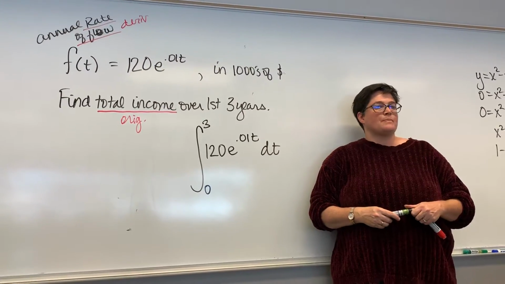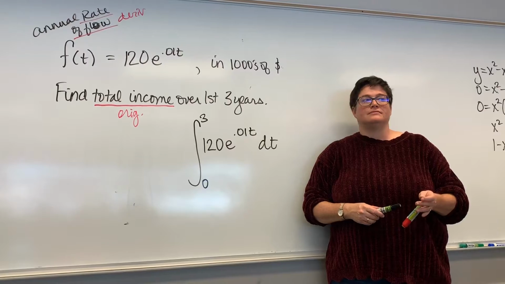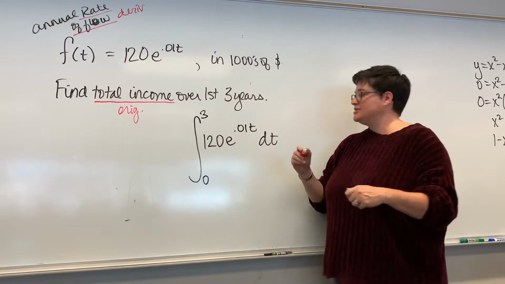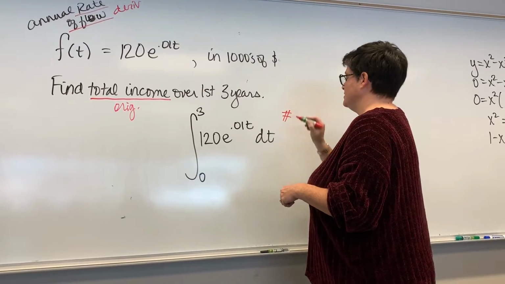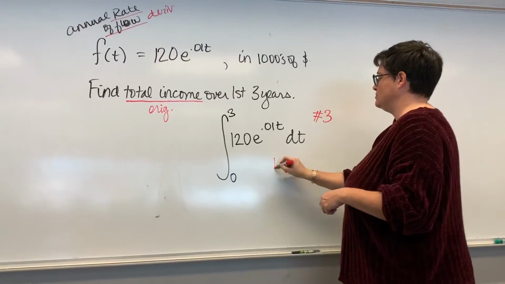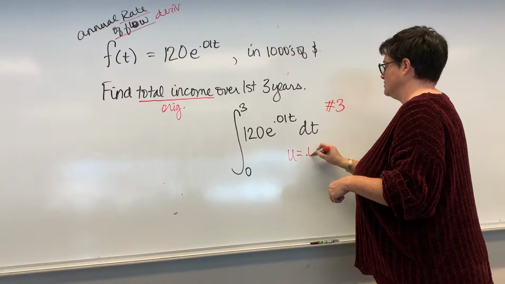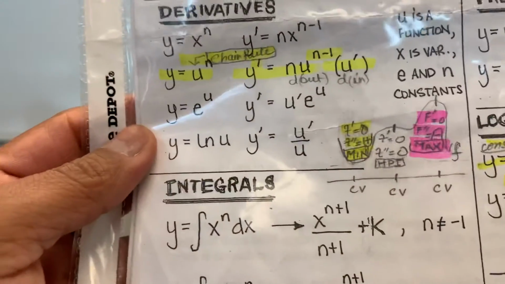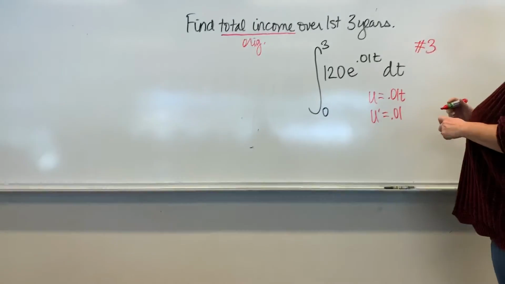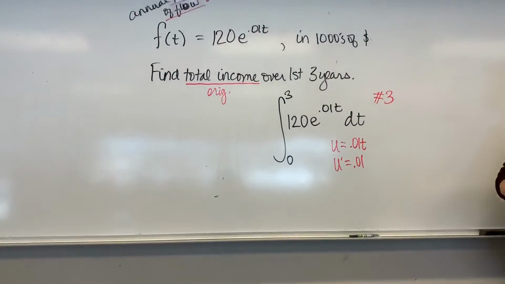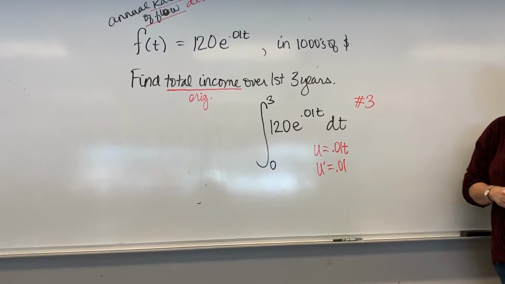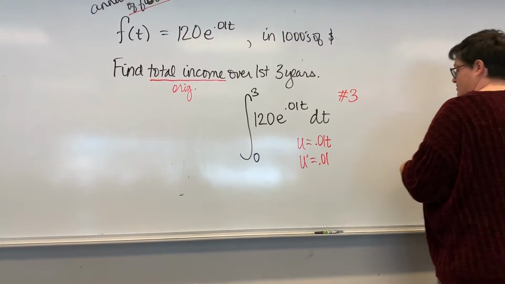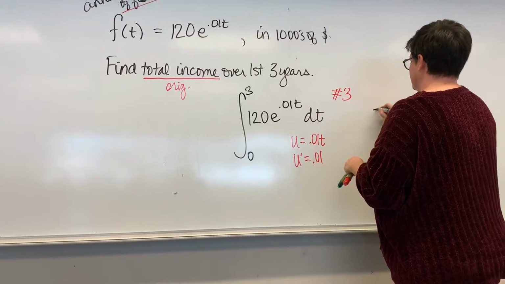Everyone cool with that? Which integral is this? It's the e integral, so what's my u, and what's my u prime? What do we have? 120. And what do we want? So what are we going to multiply and divide by?